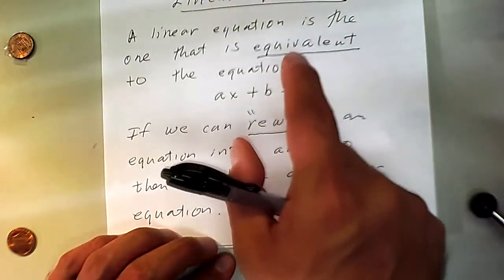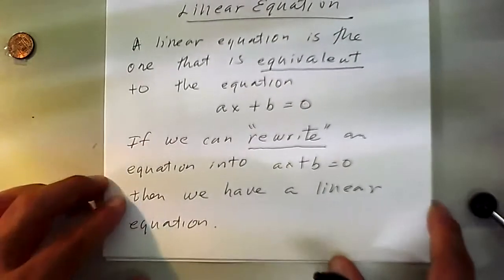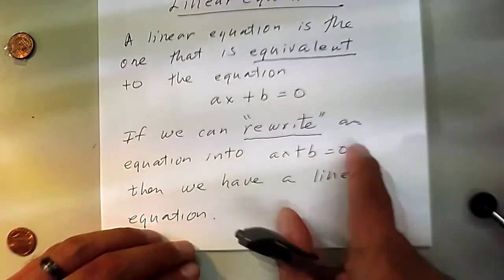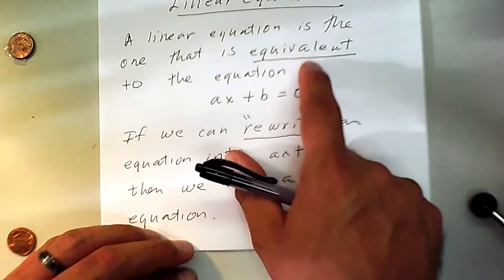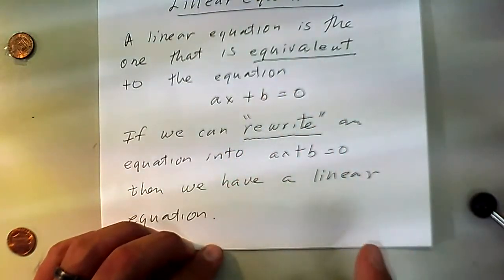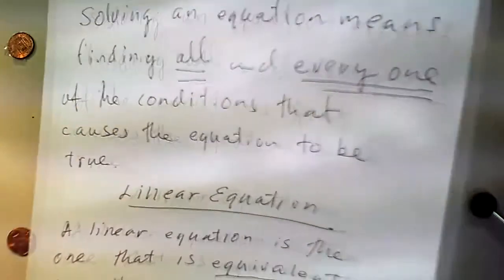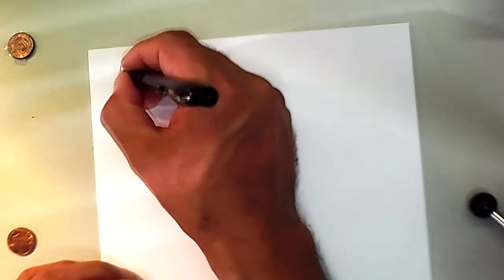We have to understand the meaning of every part of a sentence in order to do mathematics well. So what do we mean by equivalent equations? Two equations are equivalent if they have the same solutions, the same set of solutions. So yeah, it goes a little deeper, but let's write it down.